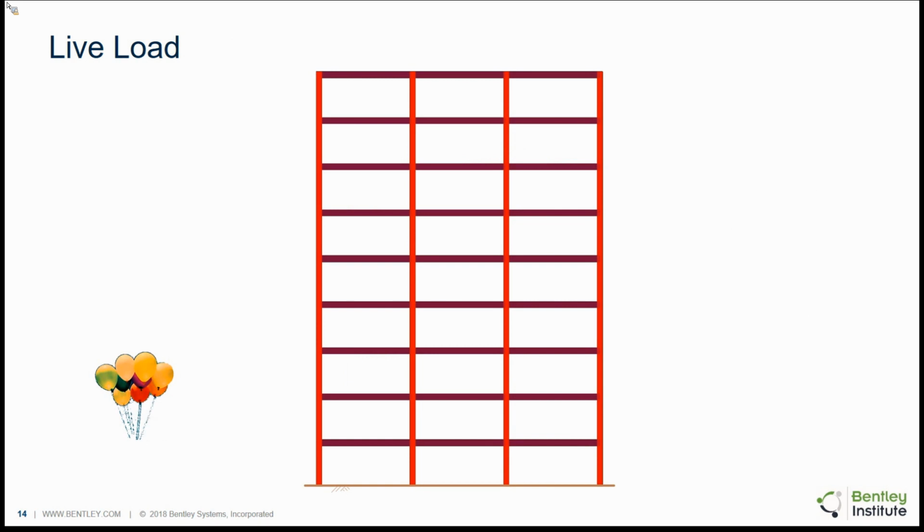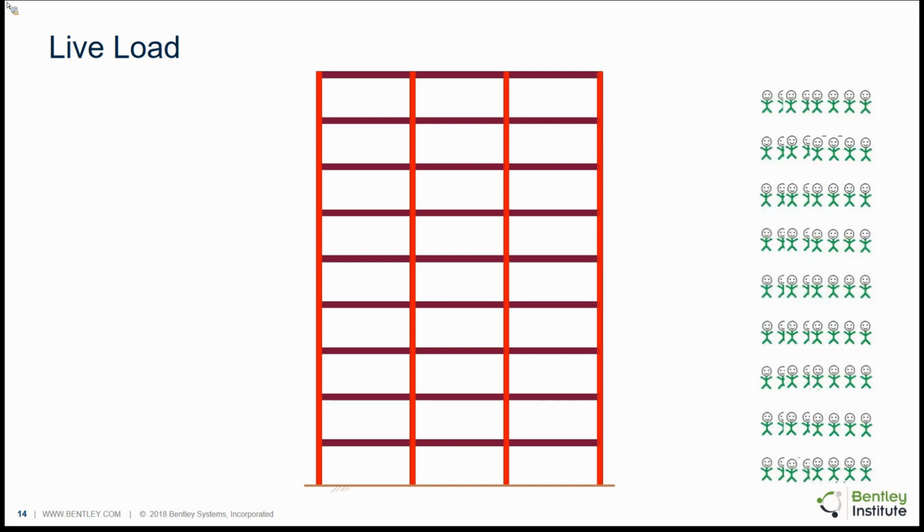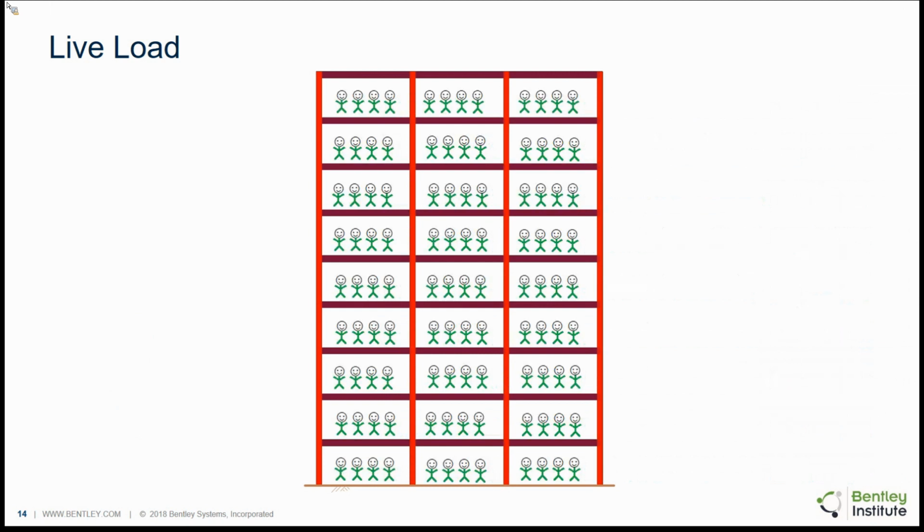What I want to do is start with live load. Typically, the building is all constructed. The real building, it's all constructed, and it's all in place. And then there's this celebration, and there's this open house to celebrate that this building is completed. And then the tenants move in.